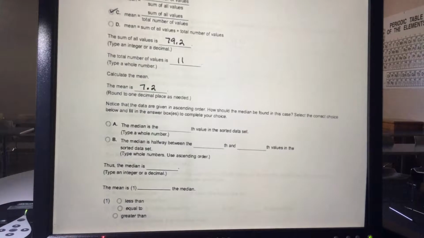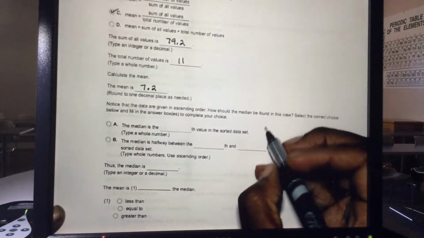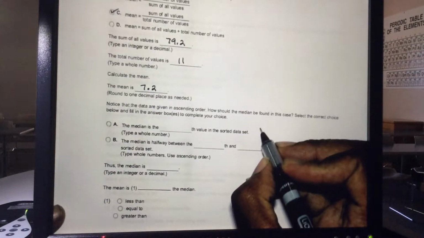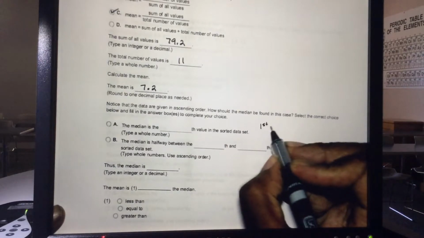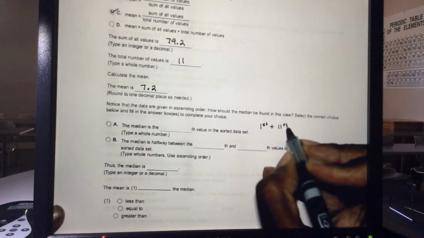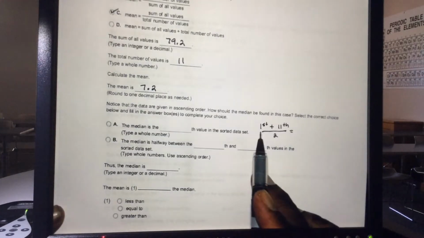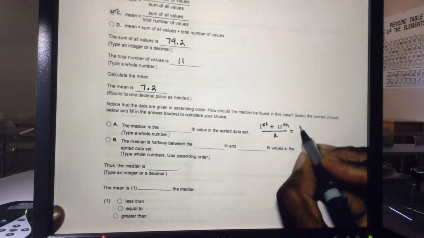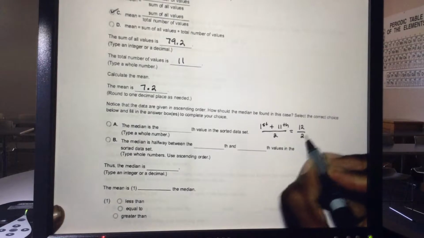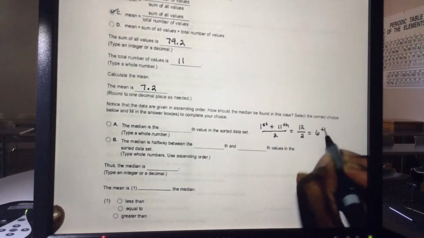Okay, so the median in this case is going to be the first plus the 11th number divided by 2. So if I add 1 and 11, that's going to be 12. 12 divided by 2 will be 6.